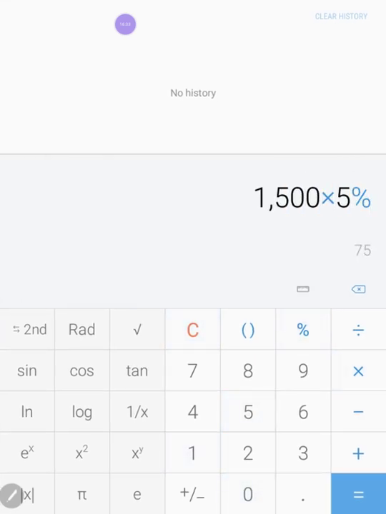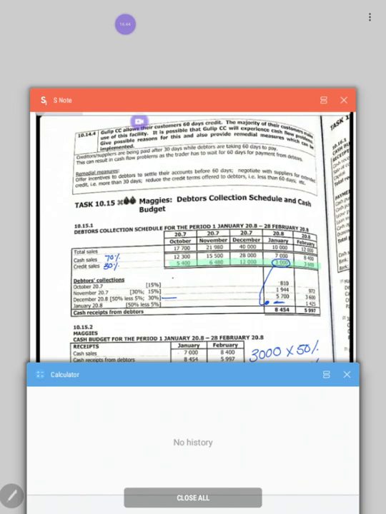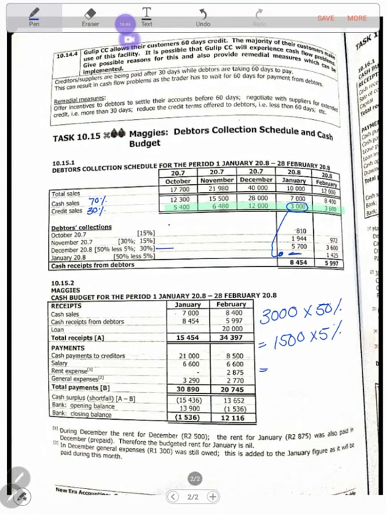It's 75 Rand and I need to subtract 75 Rand because that's the discount I allowed. How much will I be receiving in February? 1 month later, 1,425 Rand. Okay, grade 11s.